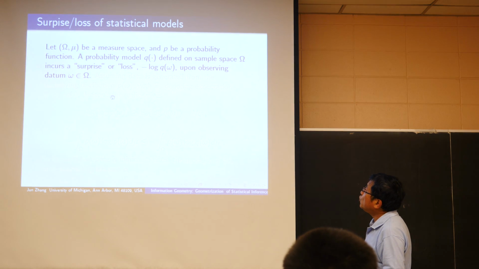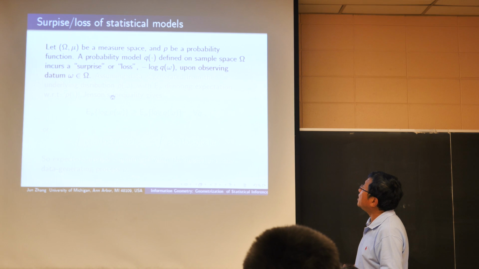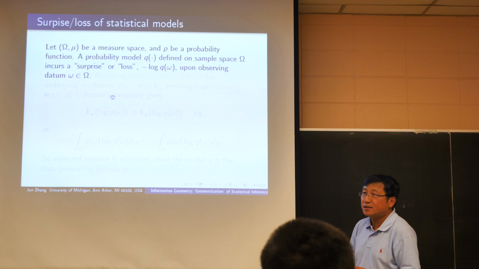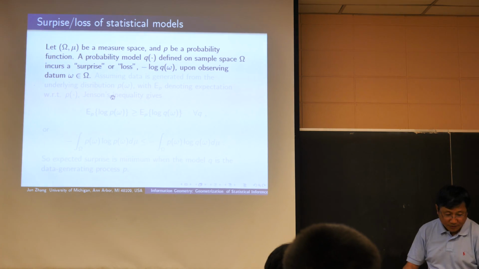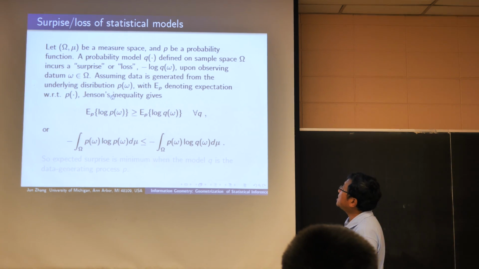So if you look at any probability model on this space, upon observing some data, small omega, upon sampling, there is a loss incurred with any model, and this loss would satisfy the Jensen inequality.